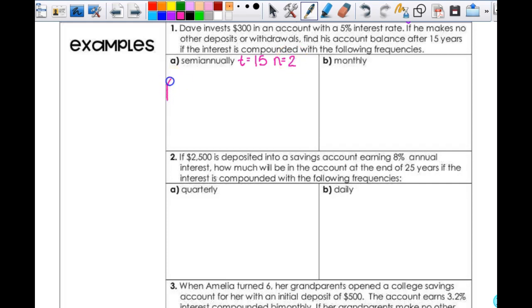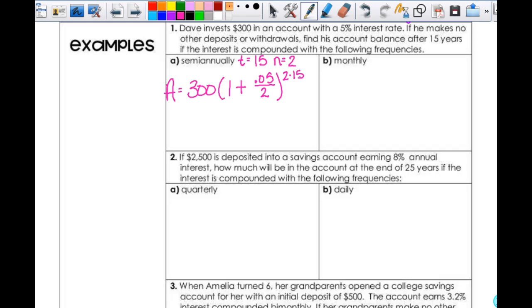So when we substitute all this in, A is equal to the principal amount, which was $300, times 1 plus the rate, which would be 0.05, divided by N, which is 2, to the N times T power. Now, my suggestion to you is just to put all this in the calculator just like it is. The 2 times 15, you could type in a 30 for that.